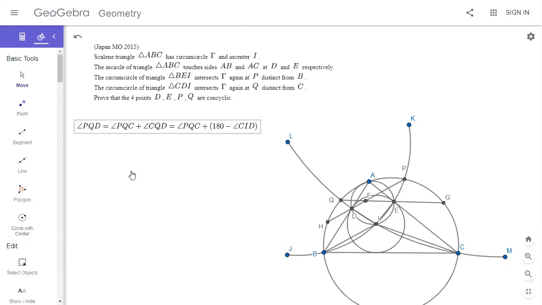All right, so let's see. So PQD is PQC plus CQD, and that's PQC plus 180 minus CID. Yeah, we don't need F and G. Good point. That makes things look nicer. Okay.